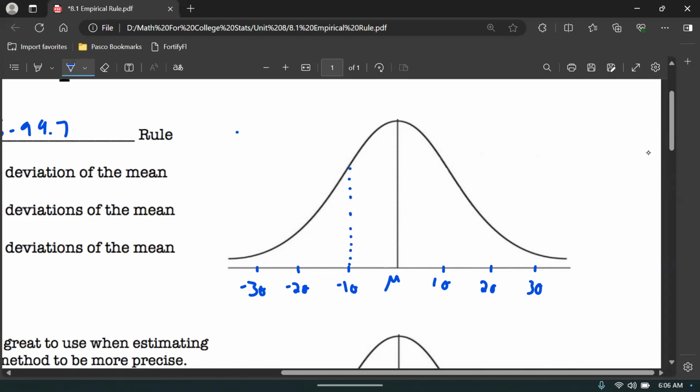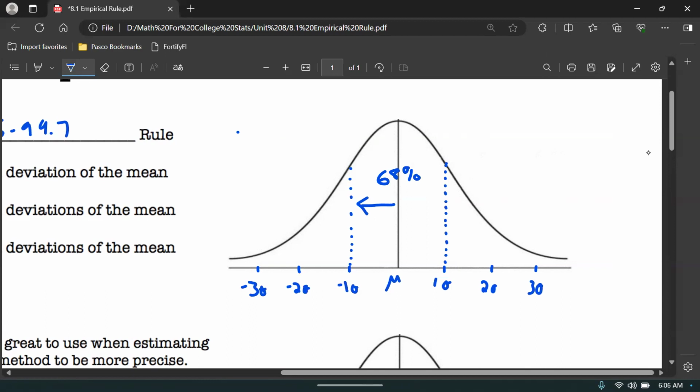All right, so let's get into what the 68, 95, 99.7 rule is. You can imagine there's a dot plot inside here if you want to, but for now, just look at the shape. The rule says this: 68% of all the data is within one standard deviation of the mean.